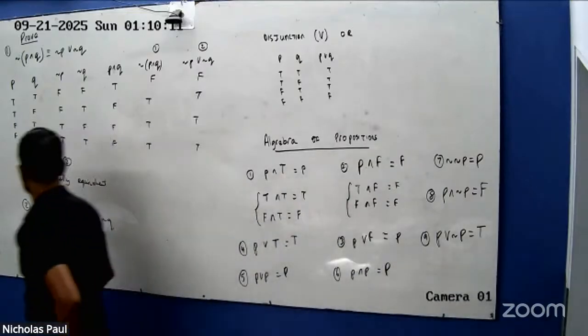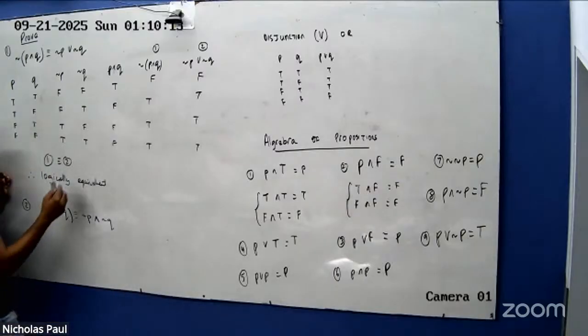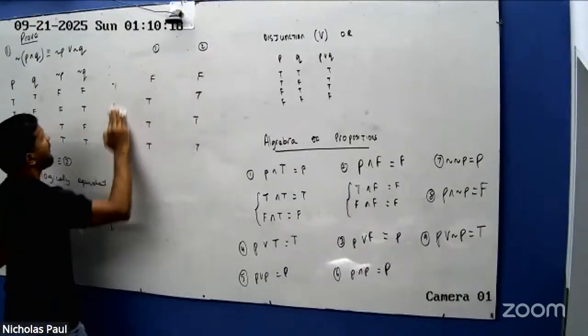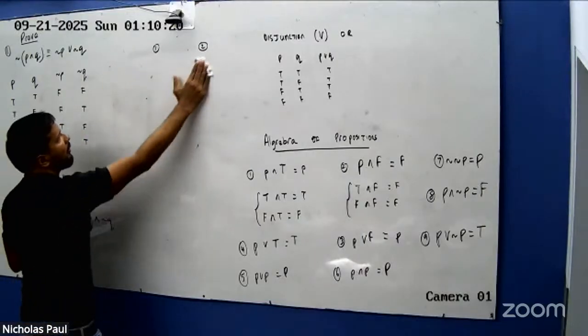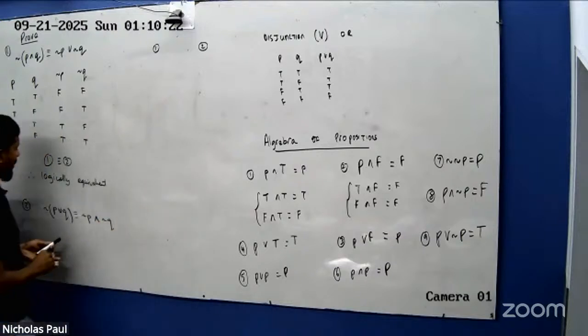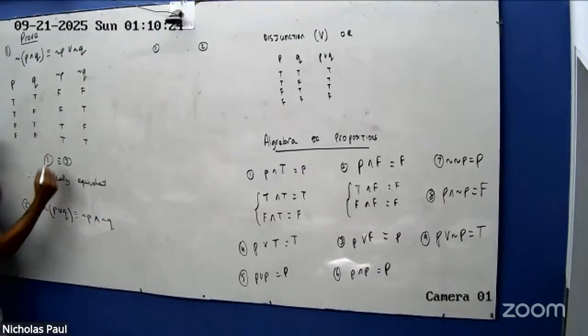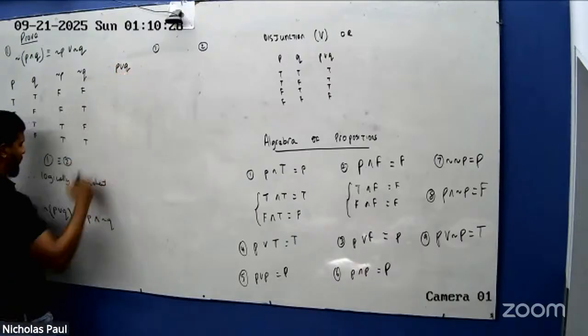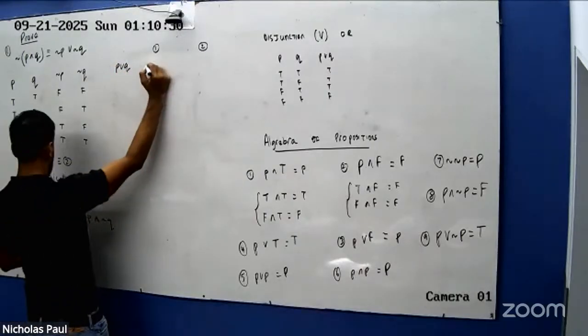You're done? Right, let's check it out. So we need P or Q. Right, we need to negate that.